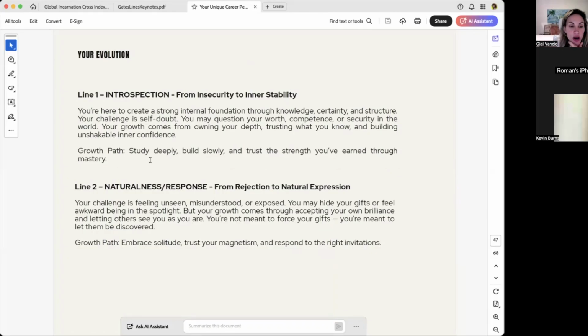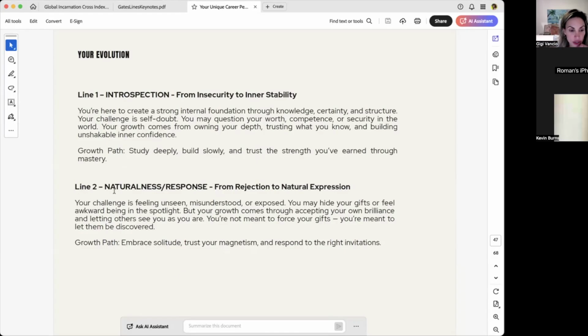The way to grow is to study deeply, build slowly, and trust the strength you've earned through mastery. Again, line 1 is the studying, the research line. So you evolve through this introspection, creating stability instead of feeling insecure.